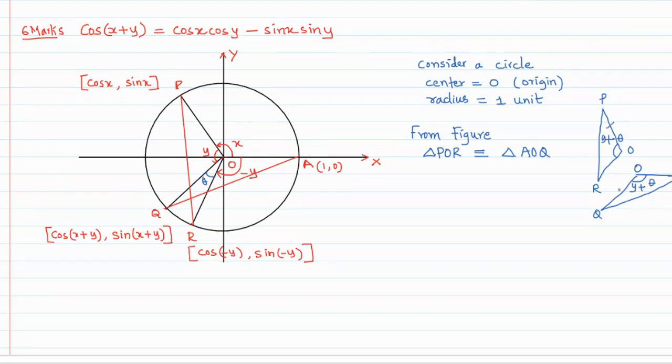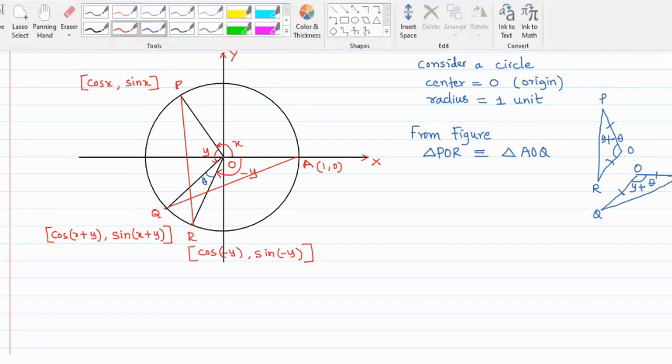OP will be equal to OQ, the radius of the circle. Similarly, OR is equal to OA, the radius of the circle. So by the SAS postulate, you can say these two triangles are congruent. Clear, students?